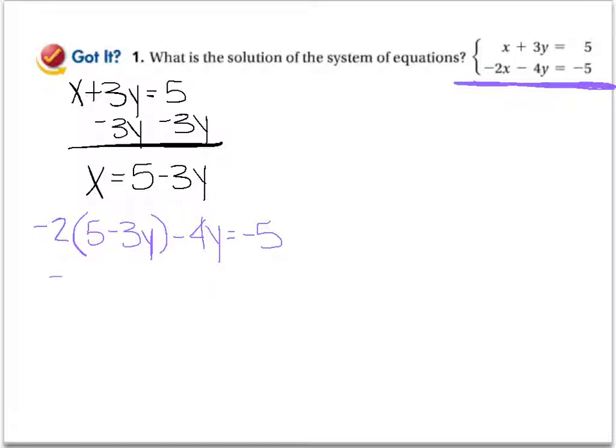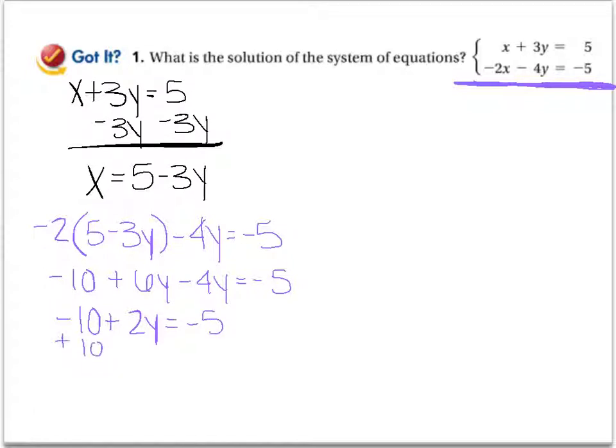And then solve. 2y equals 5. So y equals 2.5.